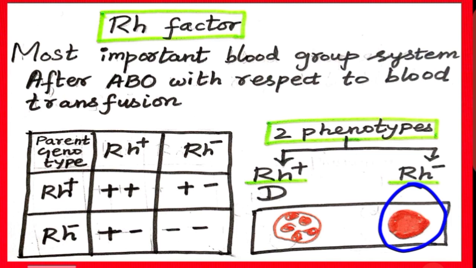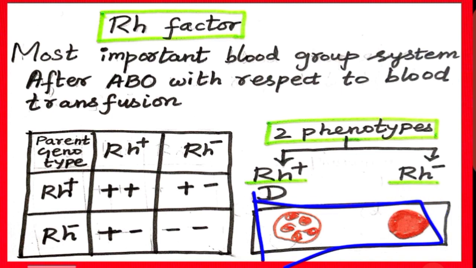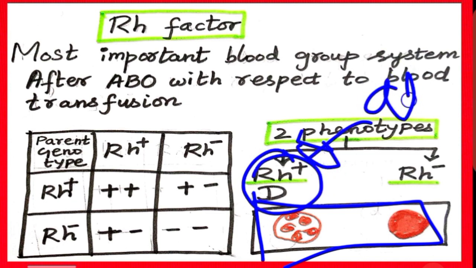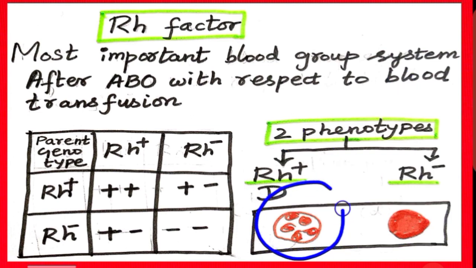Shall we recap this blood sample test again? In a blood sample, if you add a commercially prepared antibody against the Rh factor, that is antigen D, and you end up with agglutination, it means Rh antigen, that is D antigen, is present in the blood sample.